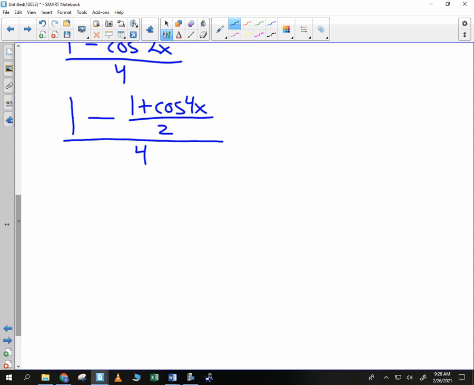I'm going to change this 1 to 2 over 2. And notice, now that I have common denominators, as I subtract, I have to distribute my subtraction sign. 2 minus 1 is 1. And then I have a minus cosine of 4x divided by 2, divided by 4 over 1.